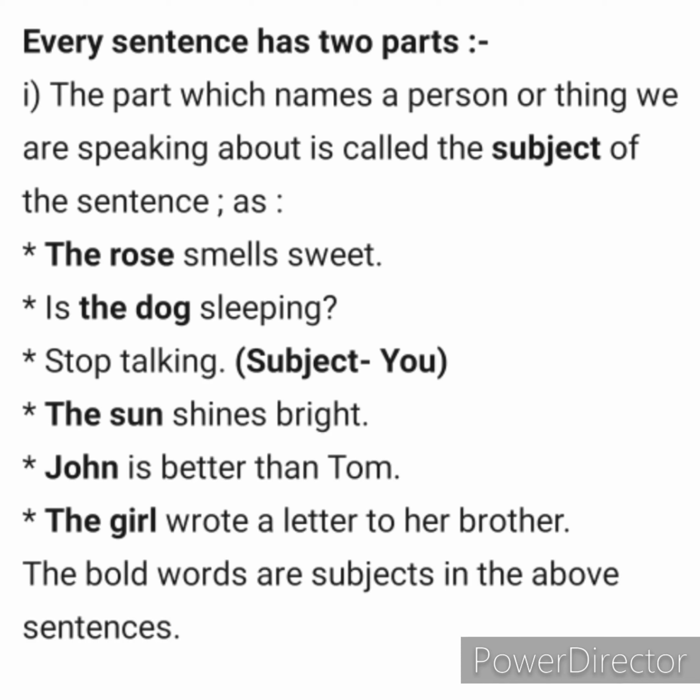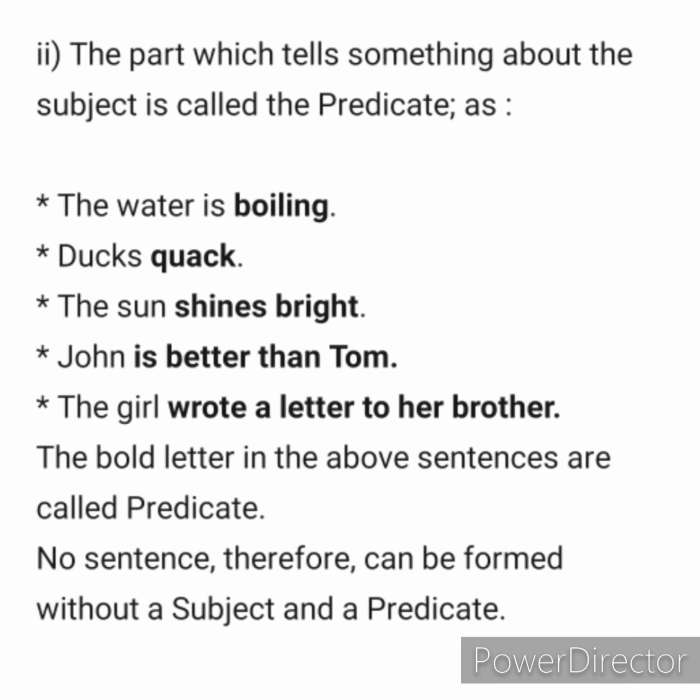All the bold words are subjects in the above given sentences. Number 2: the part which tells something about the subject is called the predicate. For example: The water is boiling. Ducks quack.